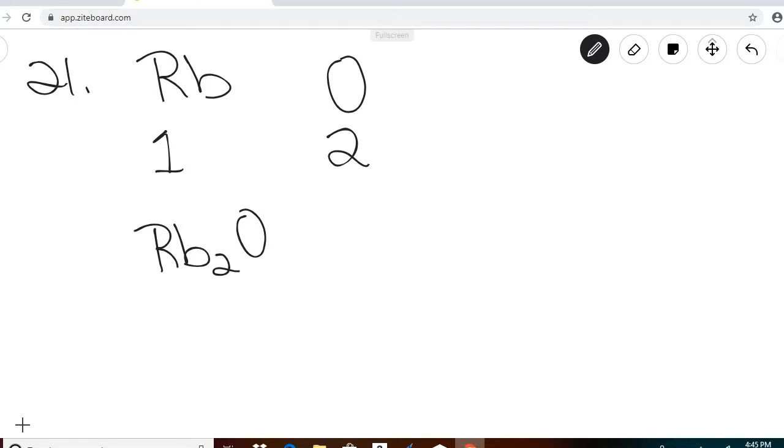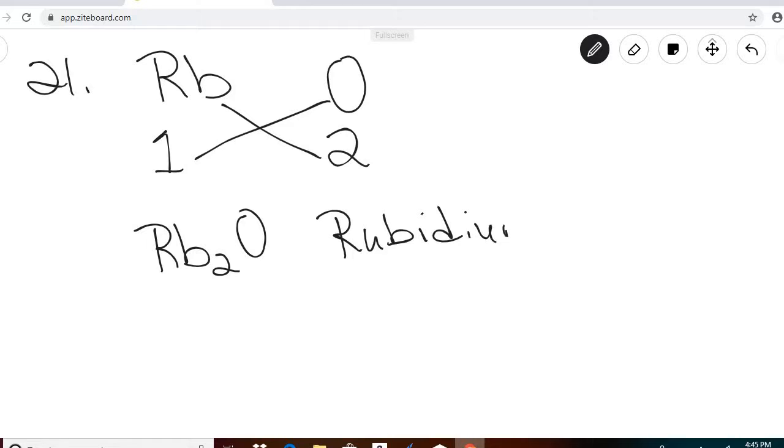We switch the charges, and this would be called rubidium oxide. An ion formed from a metal just maintains its name, and the ion formed from a non-metal gets the -ide ending. Okay, so that's 21A.